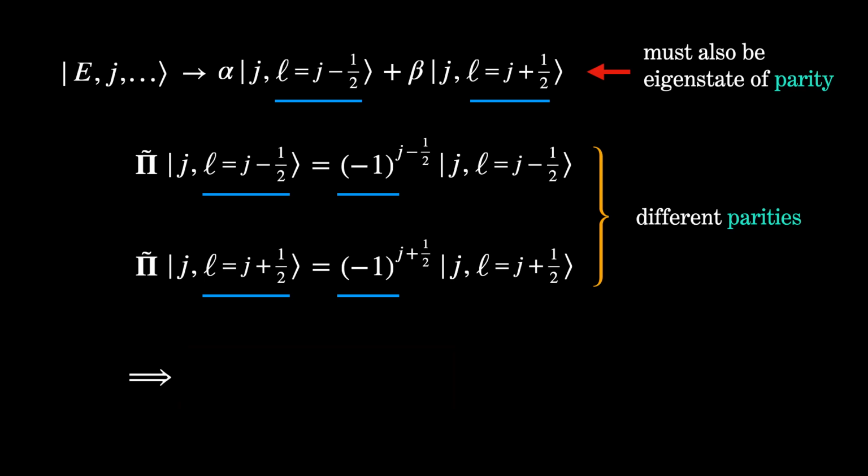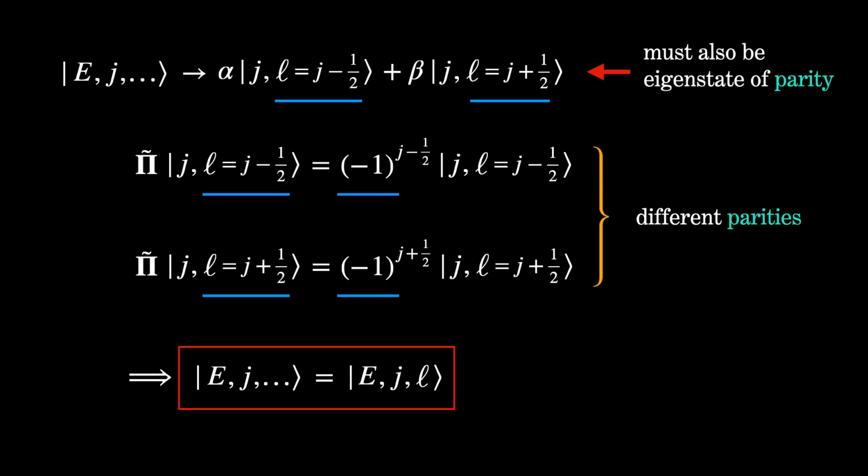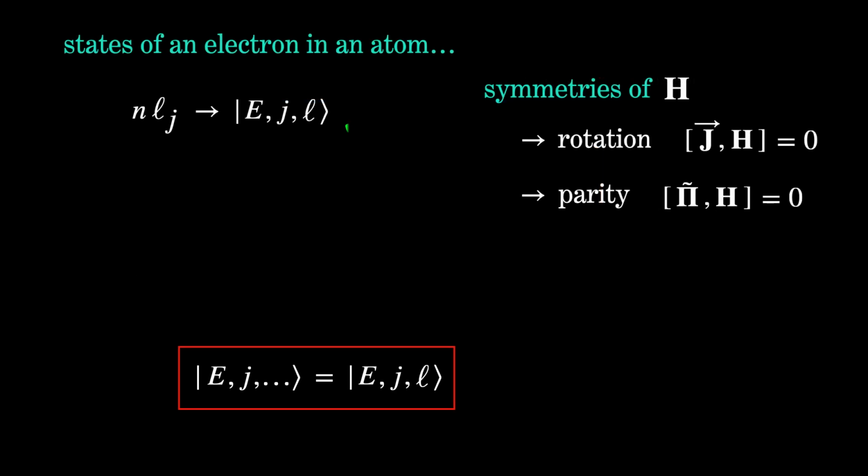Therefore, the state Ej must be equal to just one of these states, in order to be a parity eigenstate. Thus, we have proven what we have set out to prove. The energy state of an electron in an atom must also be an eigenstate of J and L, despite the complexity of the Hamiltonian.